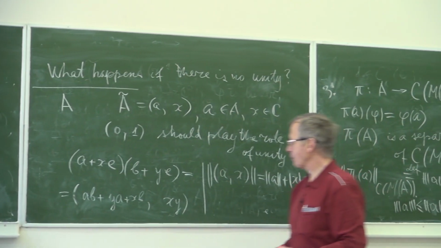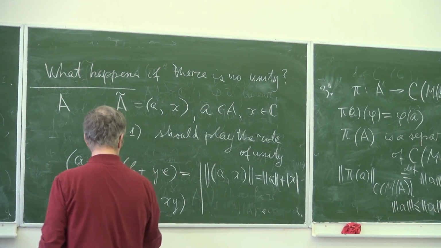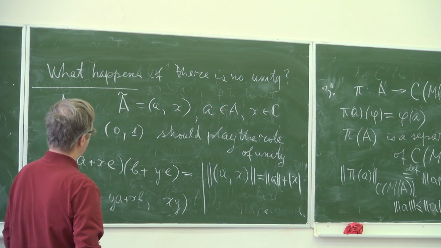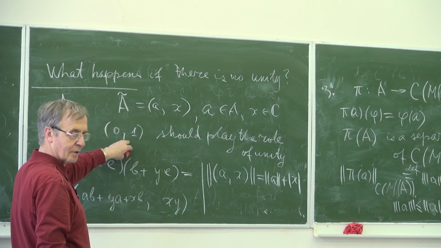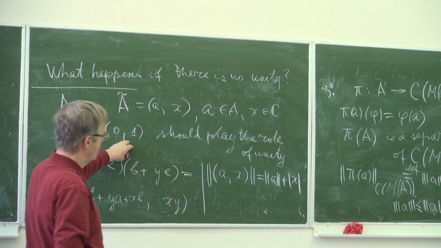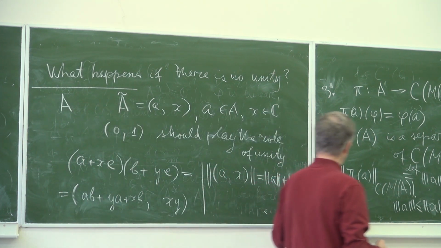Then surely we obtain a Banach algebra. And this time we have a unity in it, and this unity is precisely (0, 1).